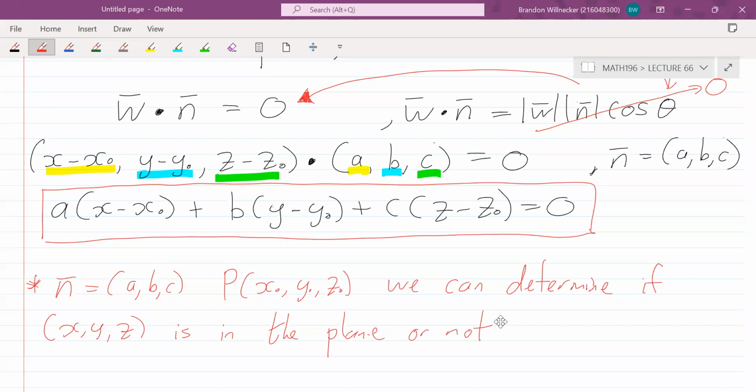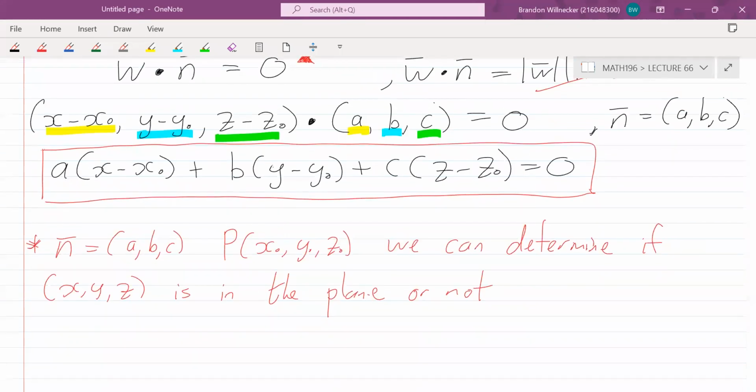So we just substitute the points in. If we get 0, then we know that the point is in the plane. If we get some other value, then we know it's not in the plane. We can use this formula as is, but there's a nice way of simplifying this into a single equation that we can use.